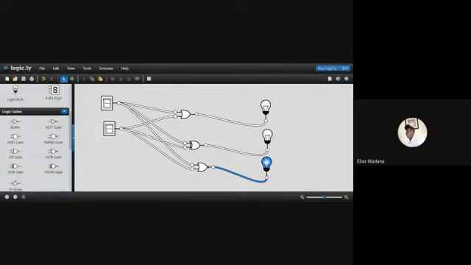Can you explain why the NOR gate turns on when all inputs are false? Can you explain why the NOR gate turns on when both switches are false?